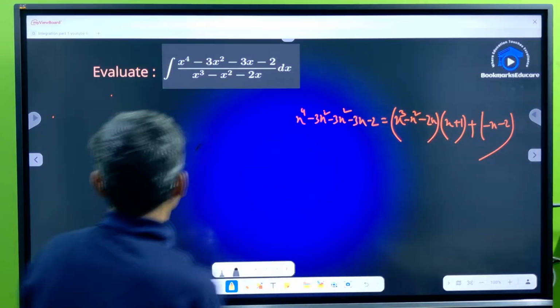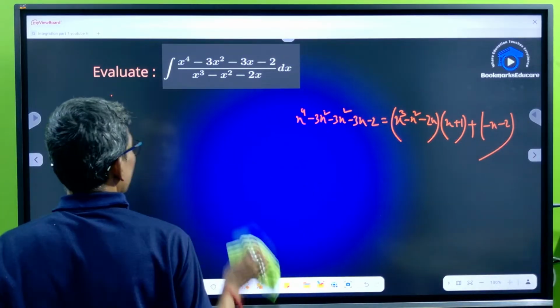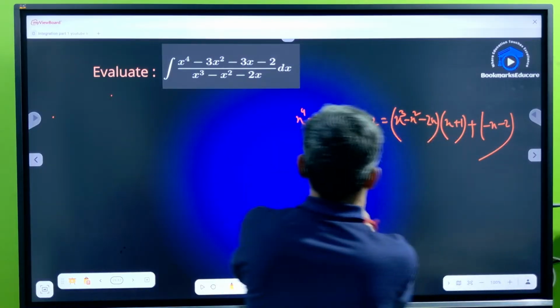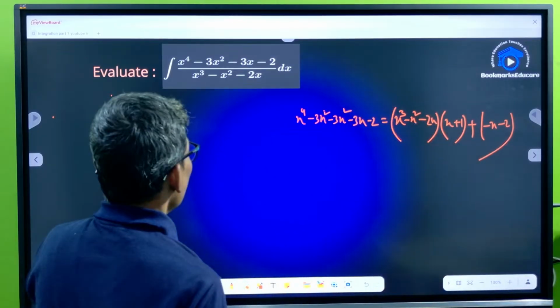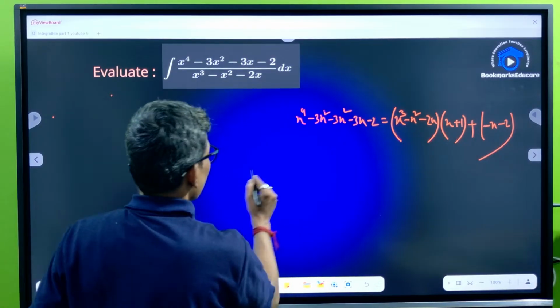Now dividing on both sides by x cube minus x squared minus 2x.